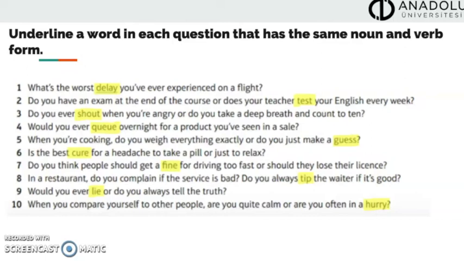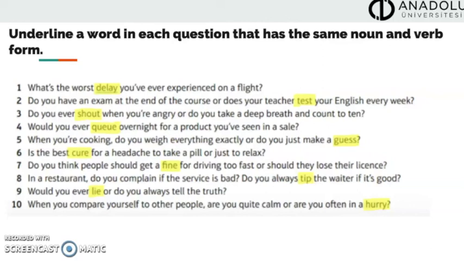The word guess is a noun here, but its verb form is the same. Number 6. Is the best cure for a headache to take a pill or just to relax? The word cure is a noun here, but its verb form is the same.